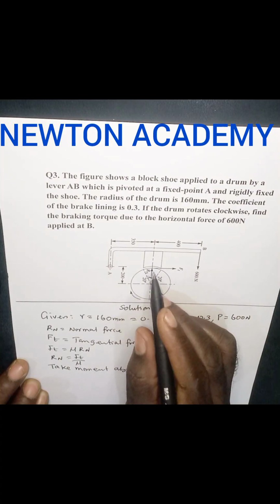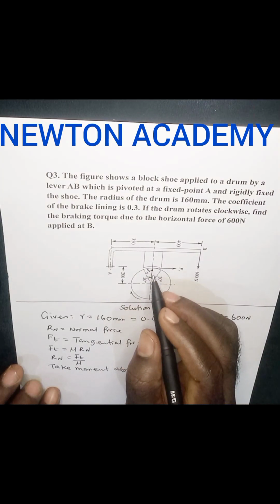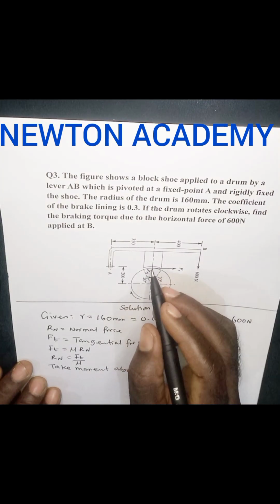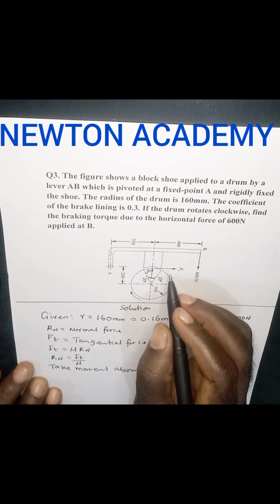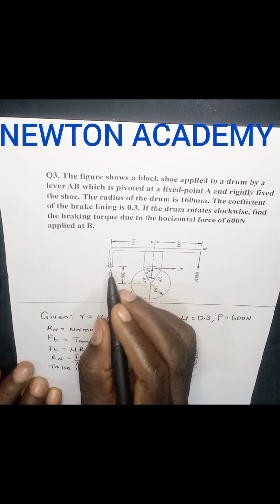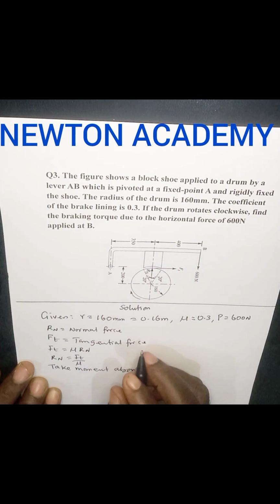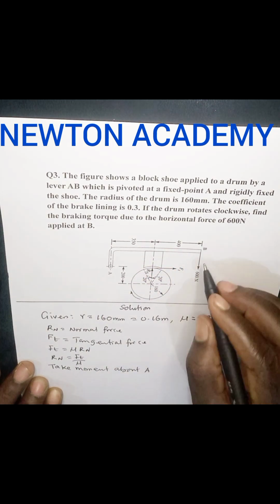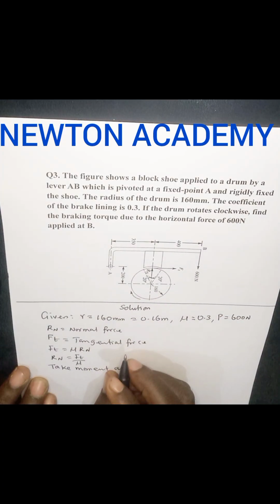The normal reaction, which is acting upward, will generate anti-clockwise movement. Then this tangential force, because it is below A, will also generate anti-clockwise movement. While this force 600 will generate clockwise movement.